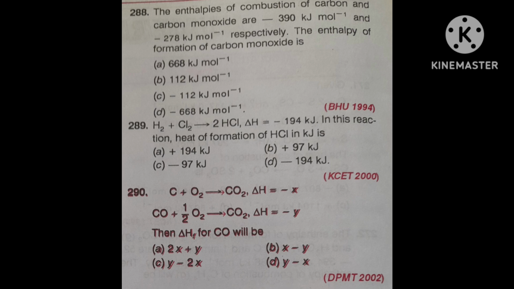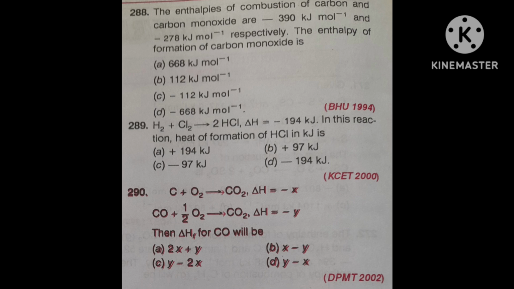Here you just have to write the reaction equations. According to the question, the enthalpies of combustion of carbon and carbon monoxide are minus 390 kilojoule per mole and minus 278 kilojoule per mole respectively. In the question these are given.